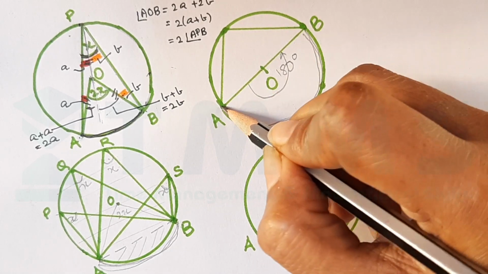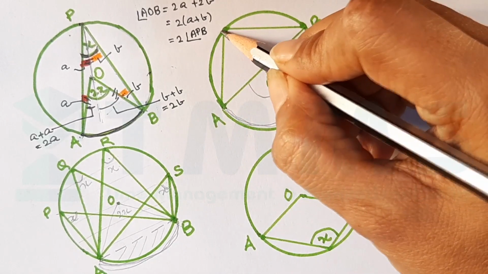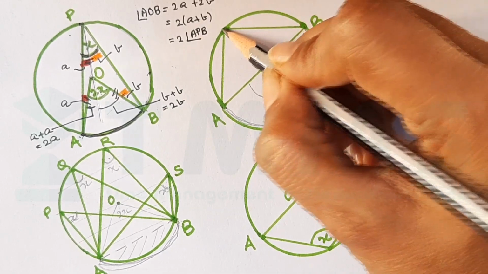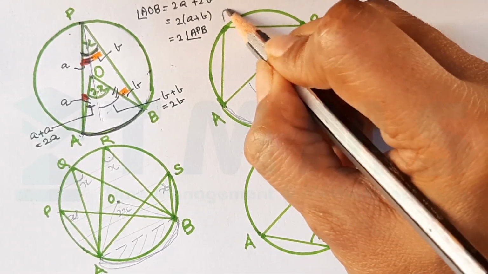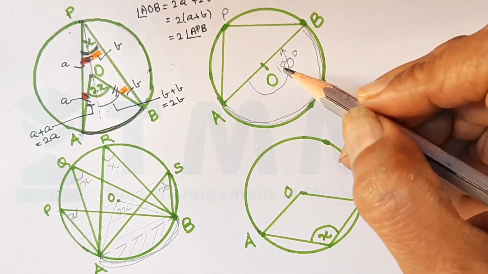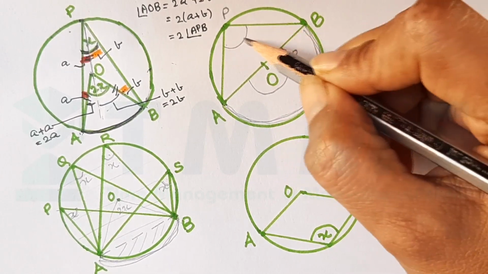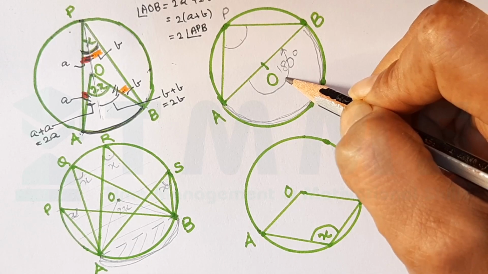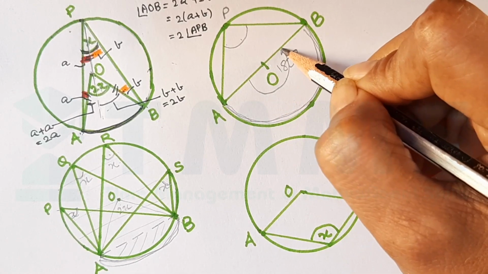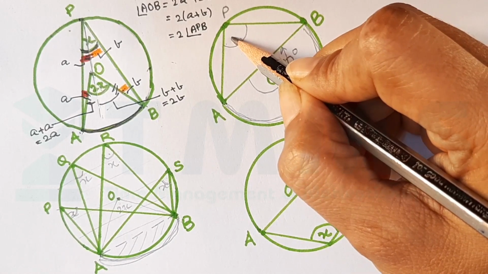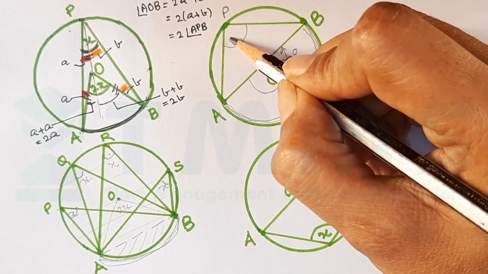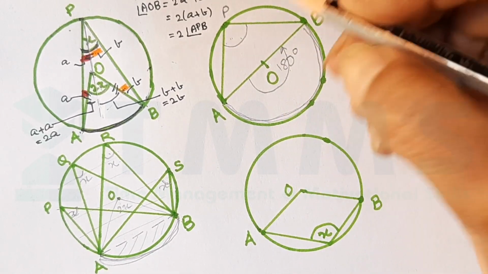Now, these two end points in the remaining circumference are making this angle. We shall call this point P. And so this angle is going to be half of this, because angle at the center is twice angle at the circumference. So angle at the circumference is going to be half of 180.